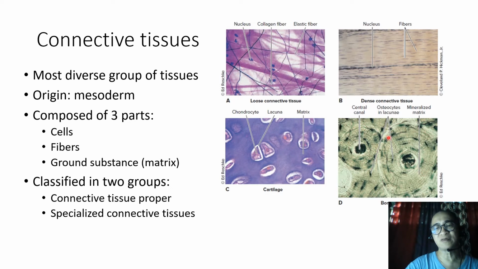Shown here are units of osteon, or osteons, which form the basic structure of bone tissue, with cells concentrically arranged around a central Haversian canal. And this particular connective tissue, the bone, is rather specialized.